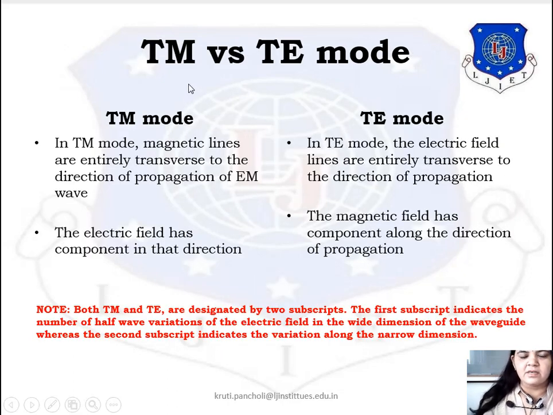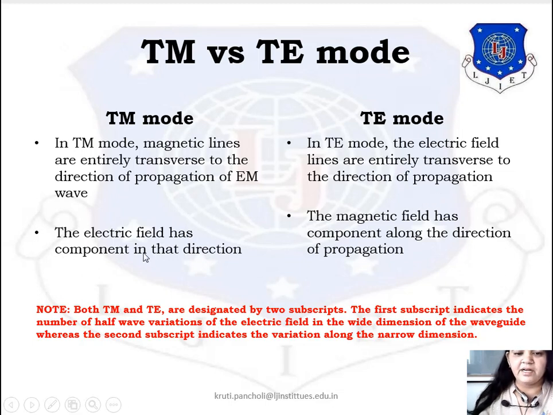So now here, TM and TE modes. In the TM mode, magnetic lines are entirely transverse to the direction of propagation of the EM wave. In the TE mode, the electric field lines are entirely transverse to the direction of propagation.